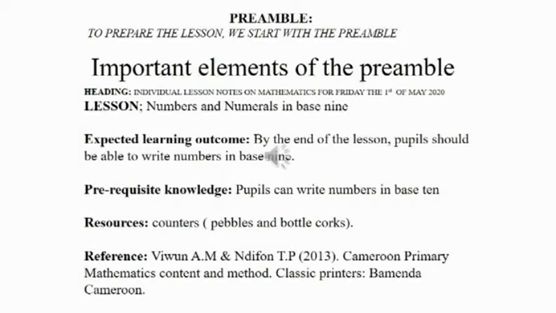And it is good to use resources like counters. Counters in the name of pebbles, bottle corks, or whatever. And another very important item on the preamble is the reference. The reference is what you consulted, the books you consulted in the course of preparing for your lesson.